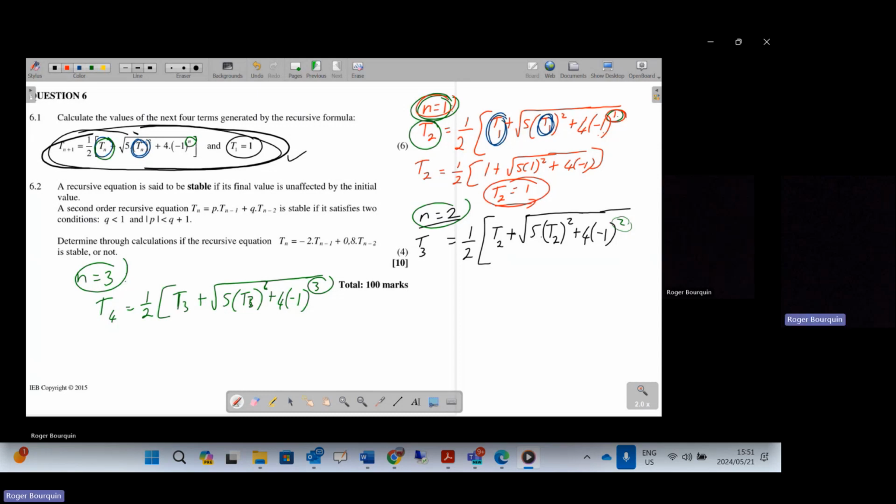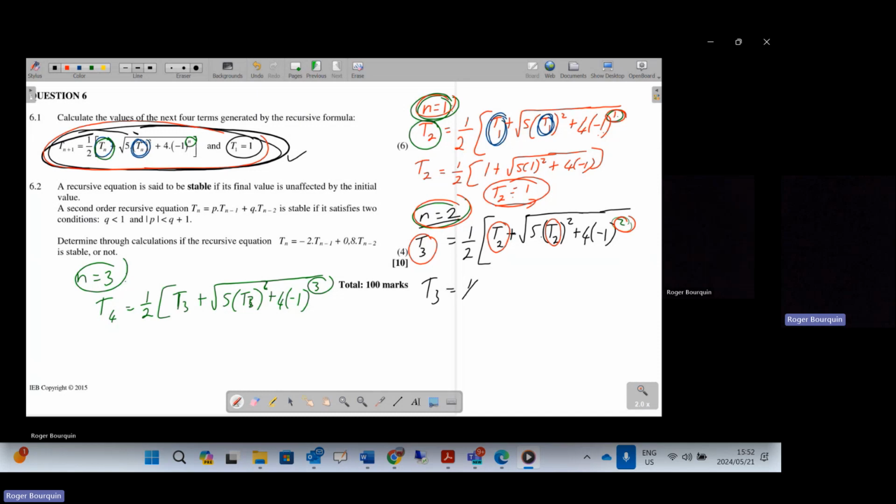In the next part of the sum, we're working with n equal to 2 and subbing it into that formula. So when n is equal to 2, I get term 3 is equal to a half. You're replacing every n with 2, so it becomes term 2 plus the square root of 5 times term 2 squared plus 4 times minus 1 to the n, and n in this case is 2.